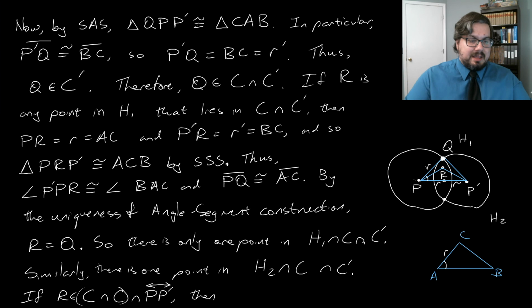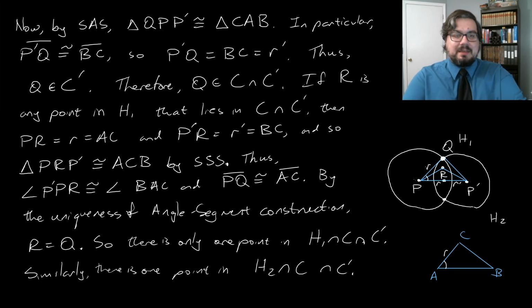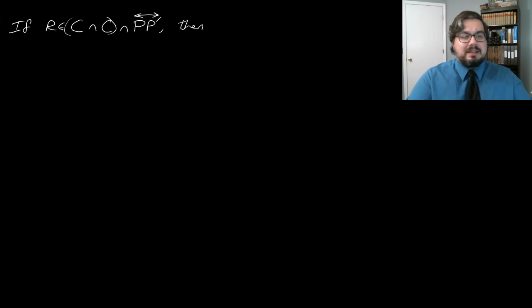Let me go ahead and just do this on the next page. This is the last statement that we need. So if R lies in the two circles and on the line from P to P prime, then that means that R, P, and P prime have some betweenness relation.